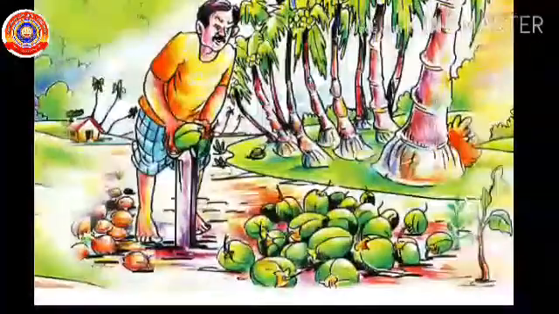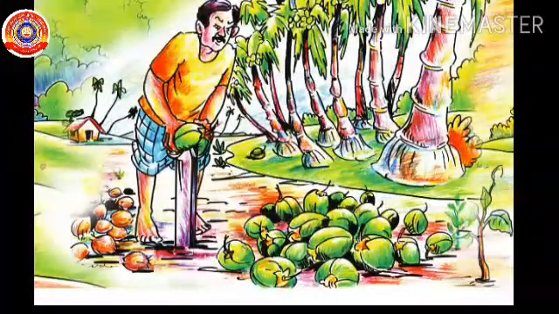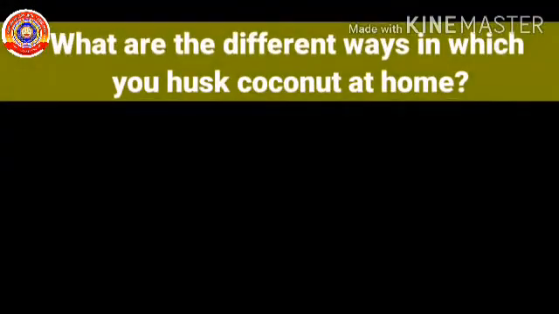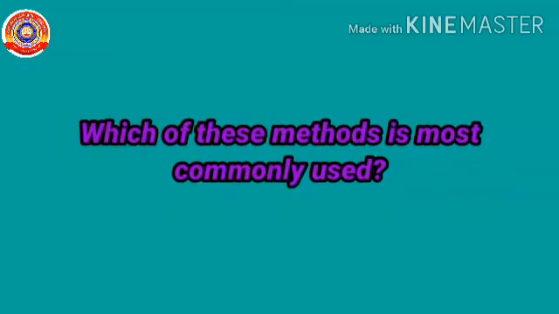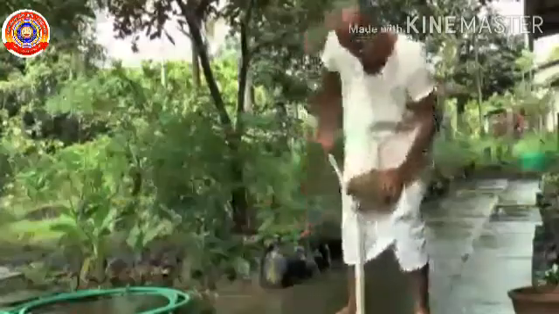Let's start the class. Look children, did you see Paramuchetan husking coconuts? What are the different ways in which you husk coconut at home? Yes, using an axe, using a chopper, using a coconut husking device, etc. Which of these methods is most commonly used? Yes, you are right.